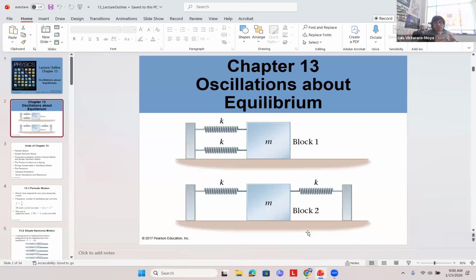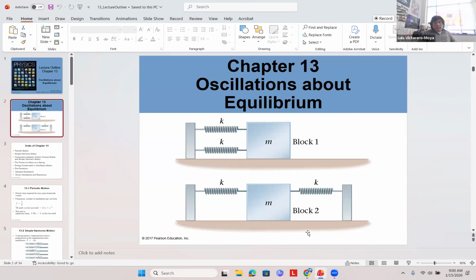You have to be a little bit more careful with this topic because here you are dealing with springs, okay? You have used springs in the past in physics 1 when you used Hooke's law, F equals negative kx, where k is the constant of the spring and x is the displacement from the point of equilibrium.